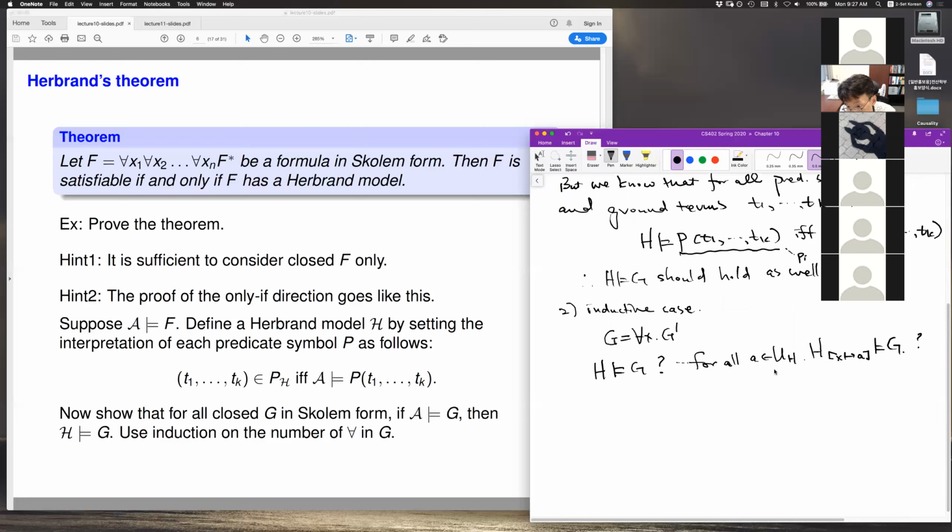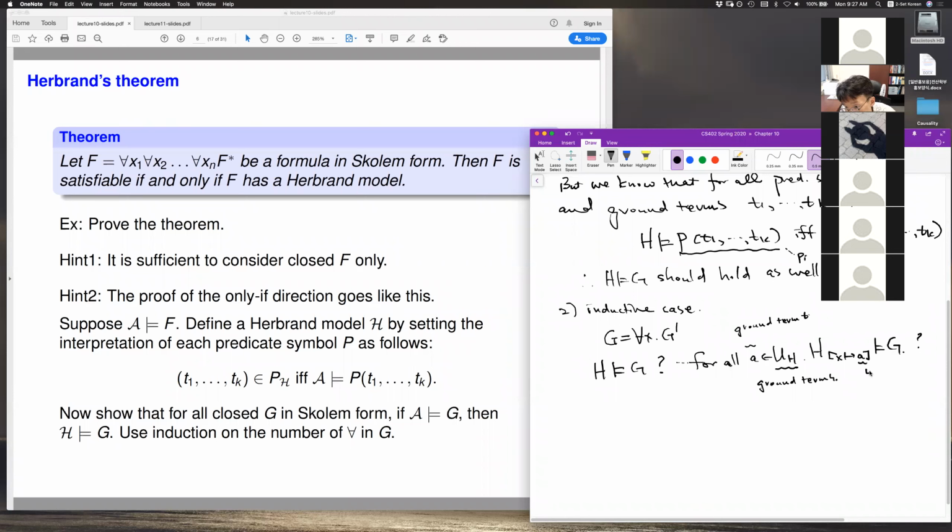Because H is a Herbrand structure, the underlying universe will consist of only ground terms. And so A will be a ground term, which I will denote as T, to indicate it's a ground term.